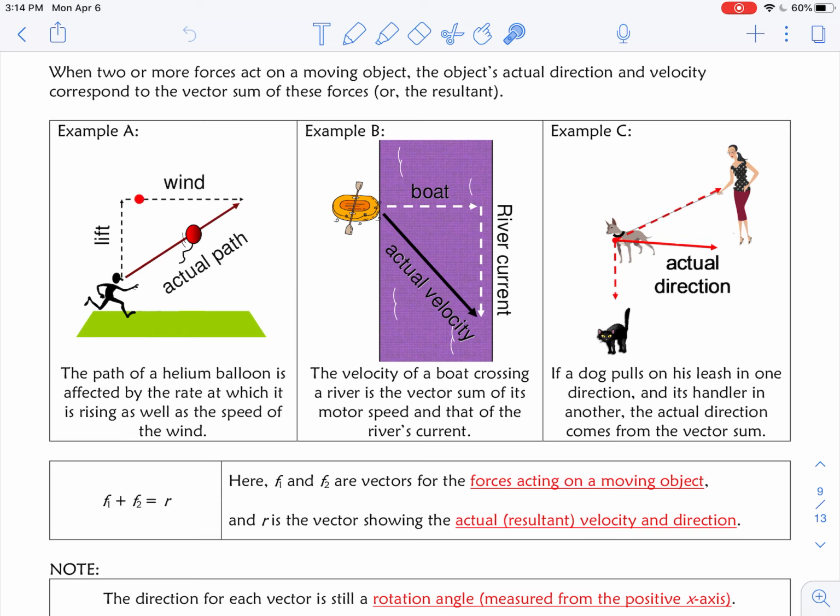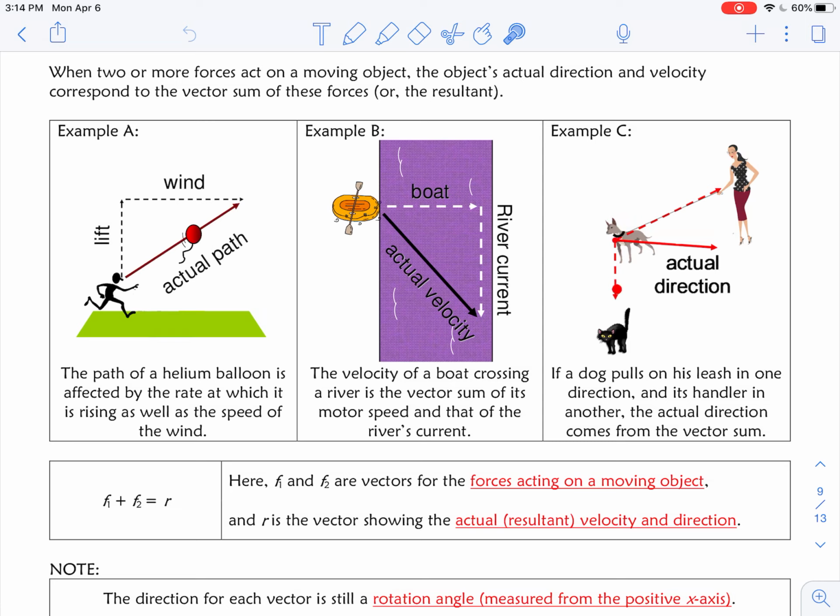If you're holding the balloon, the helium is forcing it up, and the wind is blowing from the west, so it's blowing in the direction of east. The actual path of the balloon is going to be on this resultant vector. Example B, we have a boat trying to cross the river, but the current is flowing south, so the resultant vector is going to be going in a southeast direction.